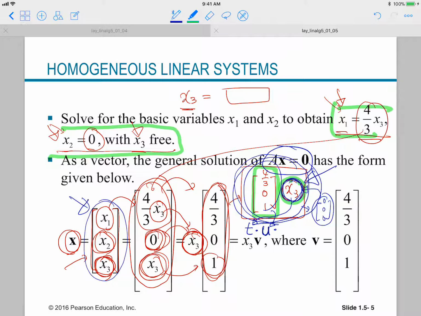And then for basic variables like x1 and x2, we represent them in terms of our free variables, right? And for our free variables, since we don't have any equations, because we can freely choose any values for them, we have no equations like this.